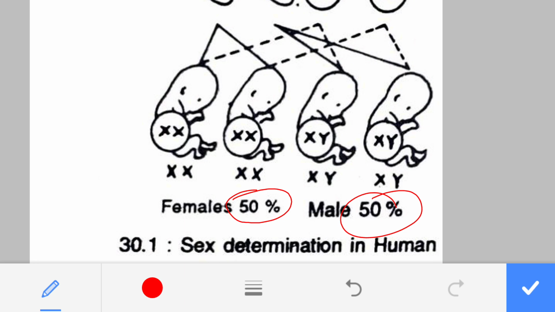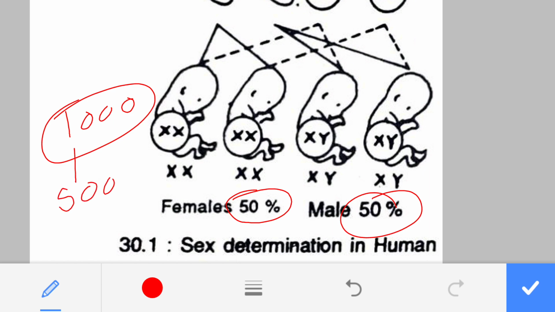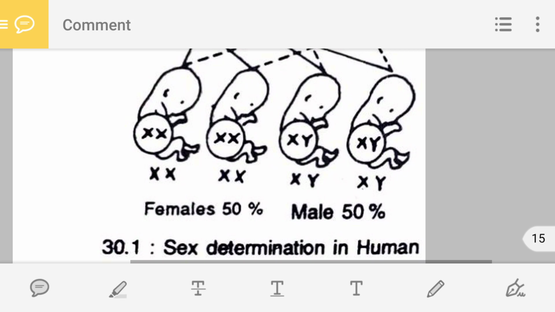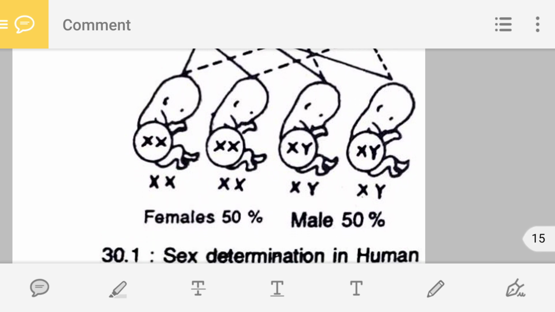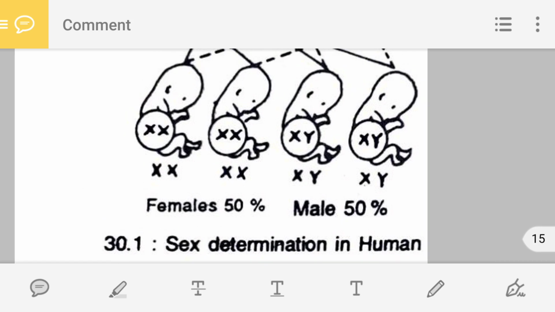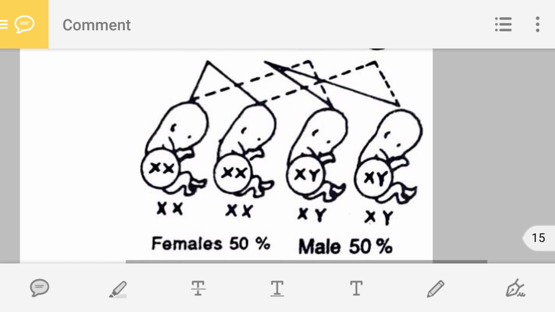If you toss it 1000 times, then the probability is 500 heads and 500 tails. So here also there is a 50% probability that the pregnant woman will give birth to a baby boy, or 50% chance that she will give birth to a baby girl.